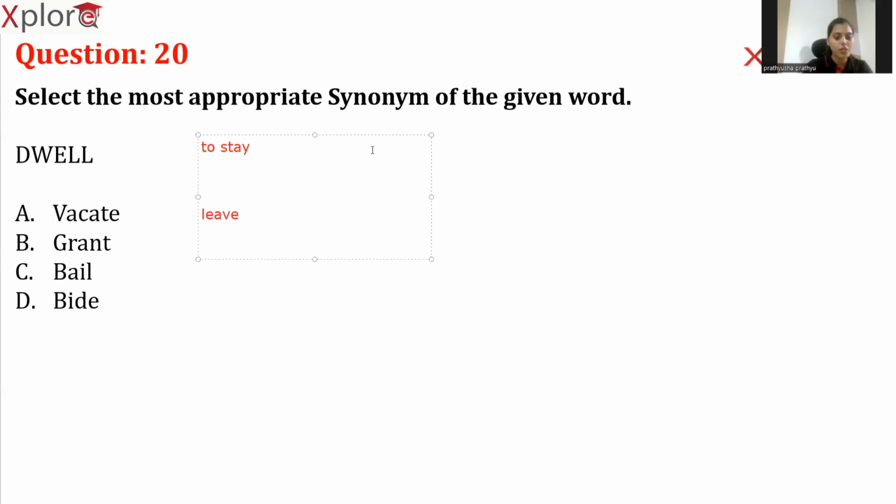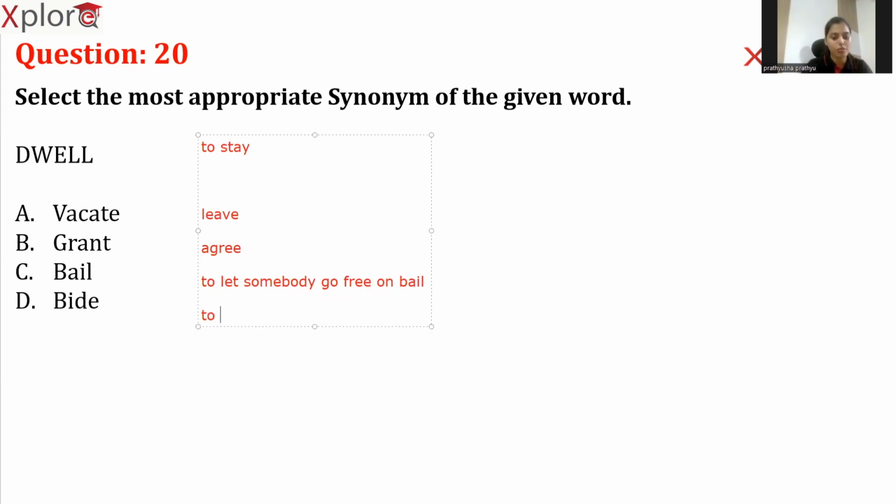Next, what is the meaning of grant? Grant meaning agreeing. Next, what is the meaning of bail? Bail means to let somebody go free on bail. It's a verb. Next, what is the meaning of bide?